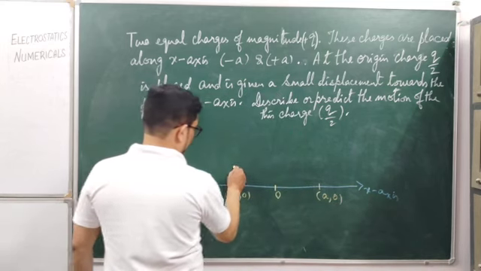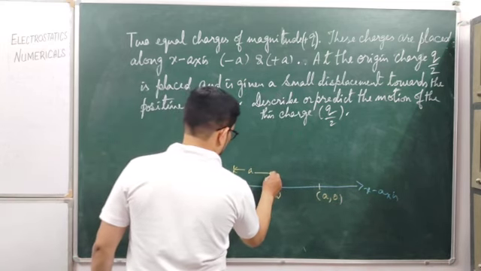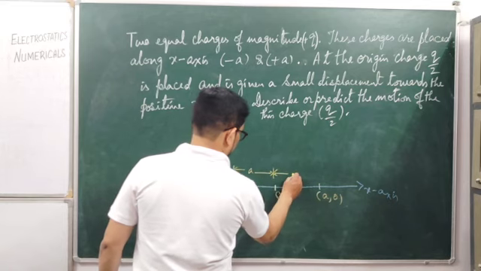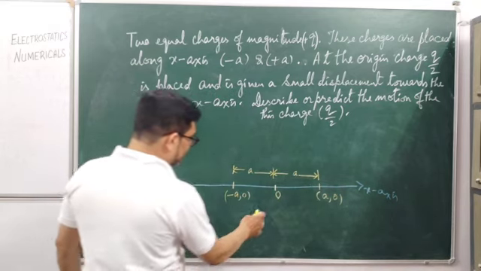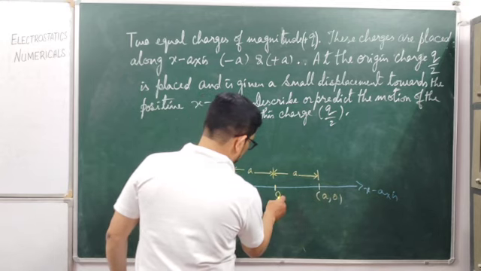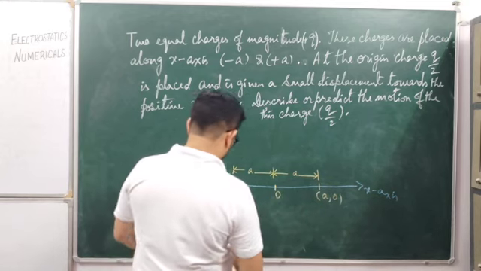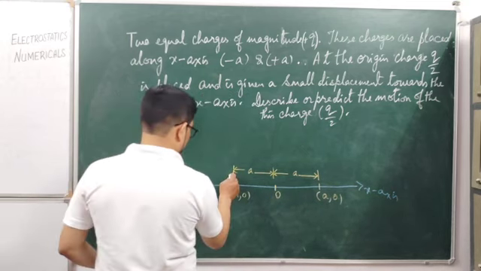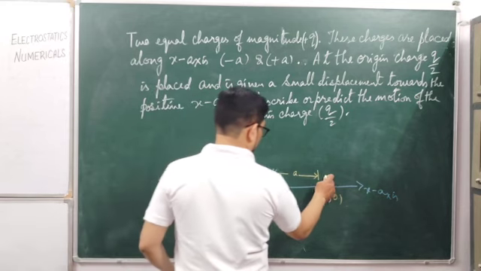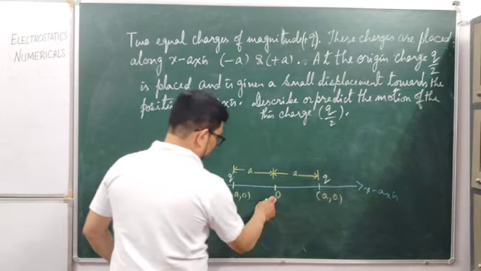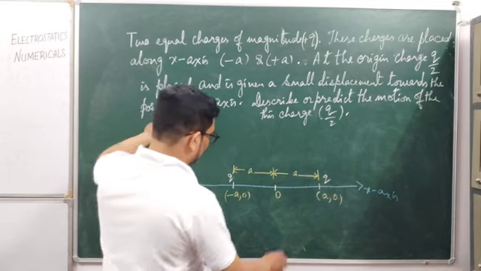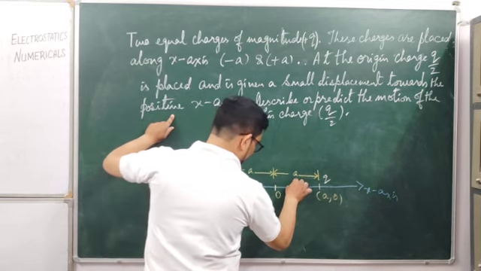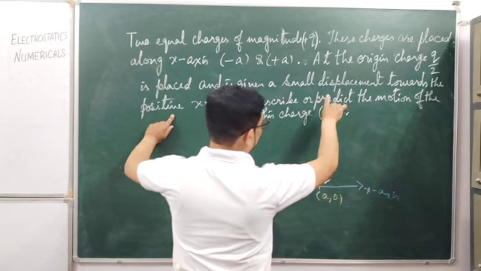So here the distance is A, and here also the distance is A. Simply the question says, at any instant of time you place the charge Q over 2. So here you have one charge which is Q, here also you have a charge Q. Here you place Q by 2 at the origin.